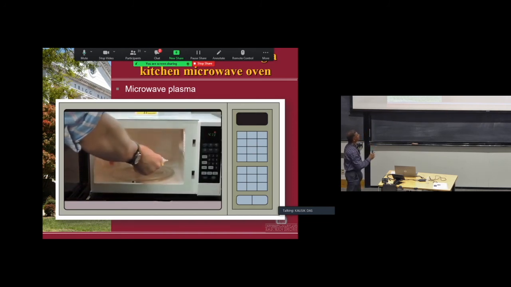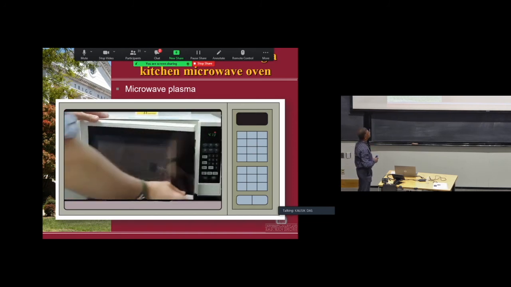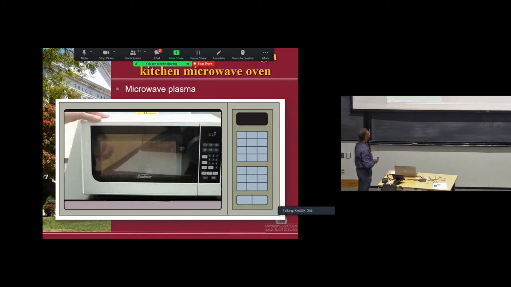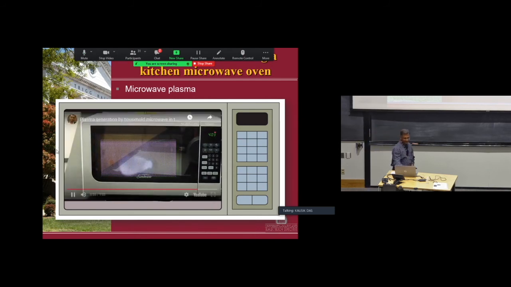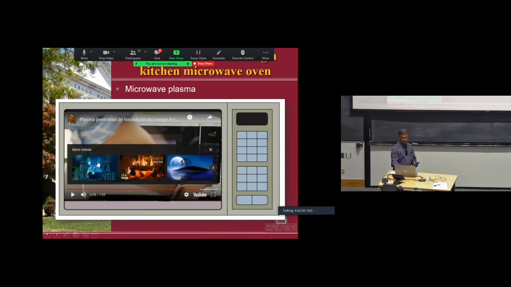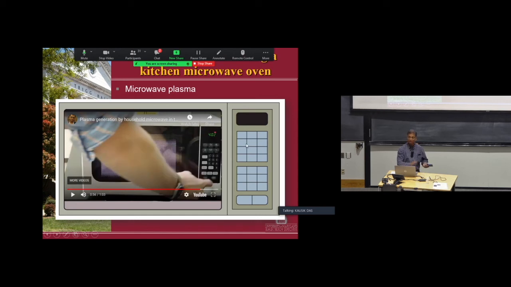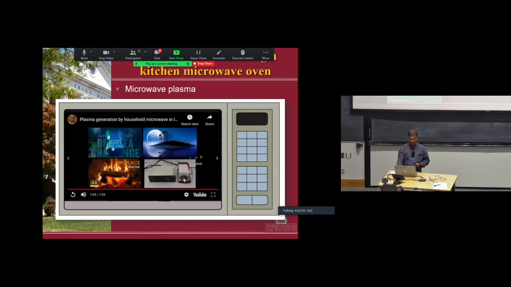It's a normal kitchen microwave oven, and then once it turns on, boom, there is plasma. Plasma was generated there. And it's reproducible. We have treated our substrate with this plasma, and that result got into that Scientific Reports paper. There are many other applications we have used.